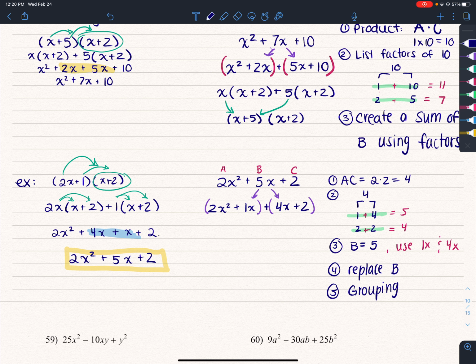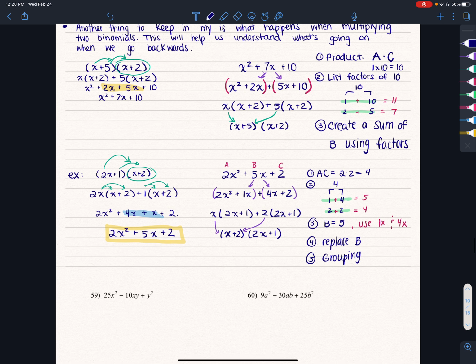Pull out an x, so we have 2x plus 1. Here we're going to pull out a 2, plus 2x, 2x plus 1. And then we put our two brackets together. X plus 2 times 2x plus 1.